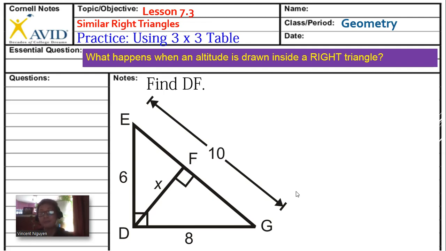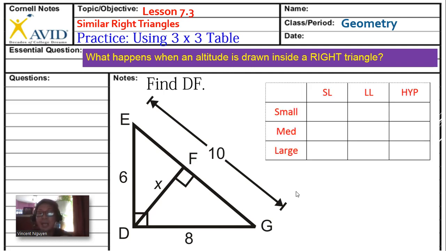So now we have to set up some other proportional relationship. But that's what this table is for. This table will help you set up any proportional relationship with these three triangles, okay? So again, small, medium, large, short leg, long leg, hypotenuse. Let's look at the small triangle real quick. I've highlighted it for you, and it's a good idea when you do these to highlight them as well, okay?